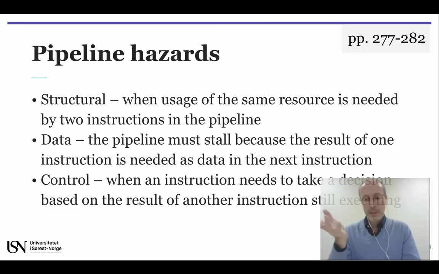And that is an example of a control hazard. In a conditional branch, for example, we cannot know beforehand if the next instruction is to be fetched from the following memory position or from another location dictated by the branch.